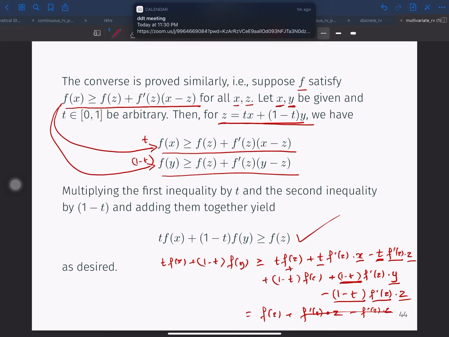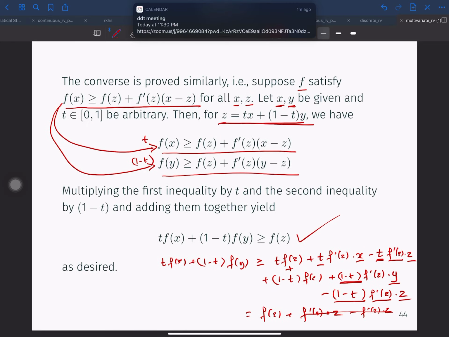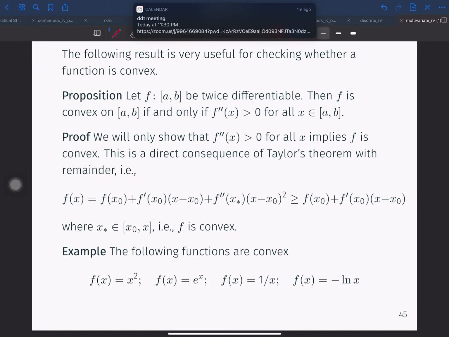So now we have seen that a convex function has this nice property, that it is larger than its linear approximation. But we still do not know what a convex function is. The following result is very useful for checking whether a function is convex.